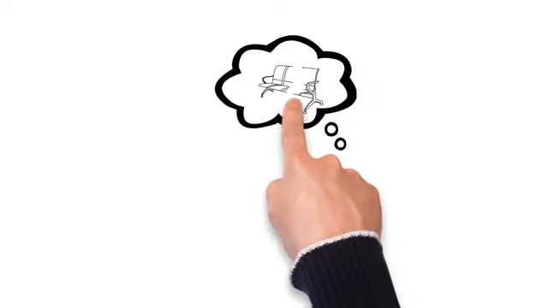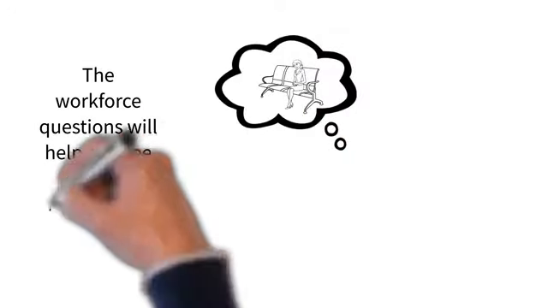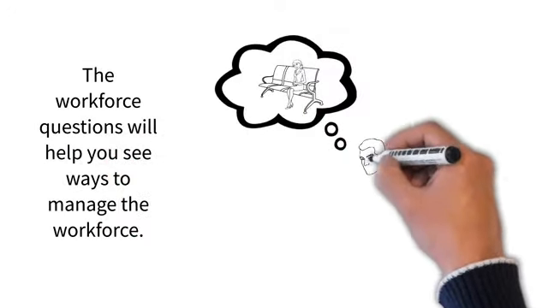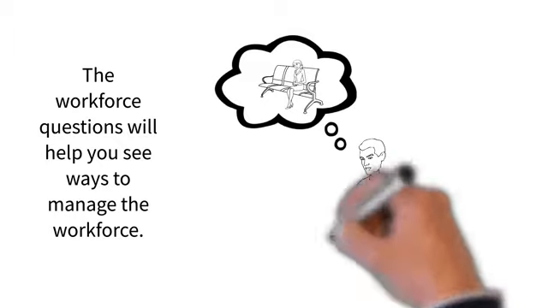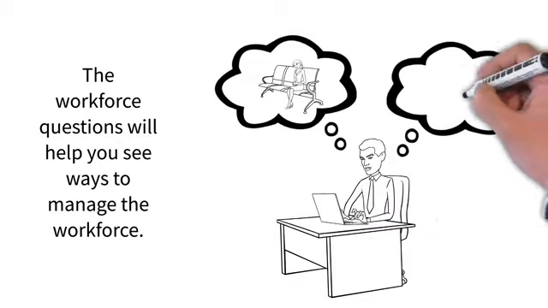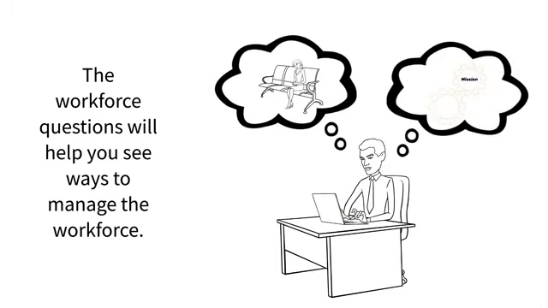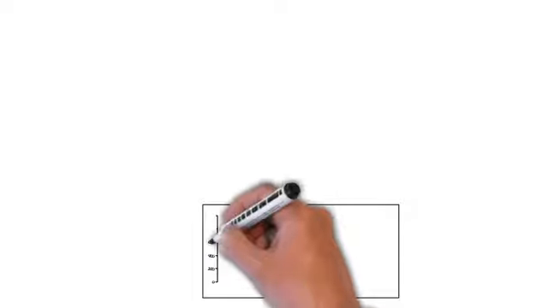Continuing with the theme of the key customer and their requirements, answering the workforce questions will help you see ways to manage the workforce in such a way that they are not only effective at the operations processes that are designed to meet your customers' requirements, but they are also emotionally and intellectually committed to accomplishing your mission and vision.